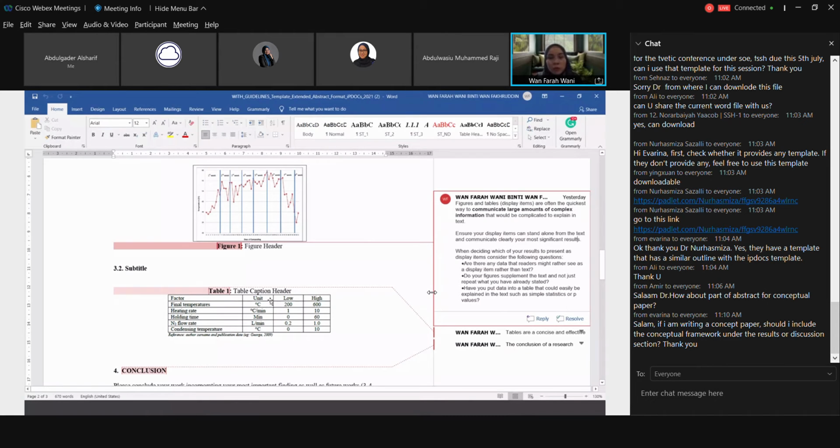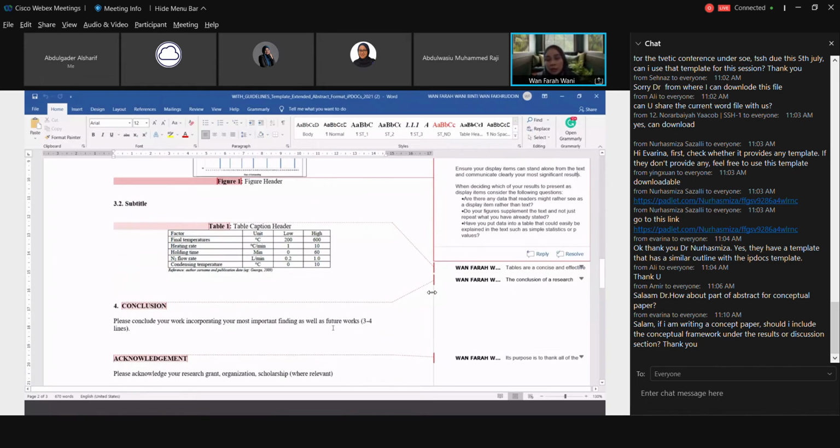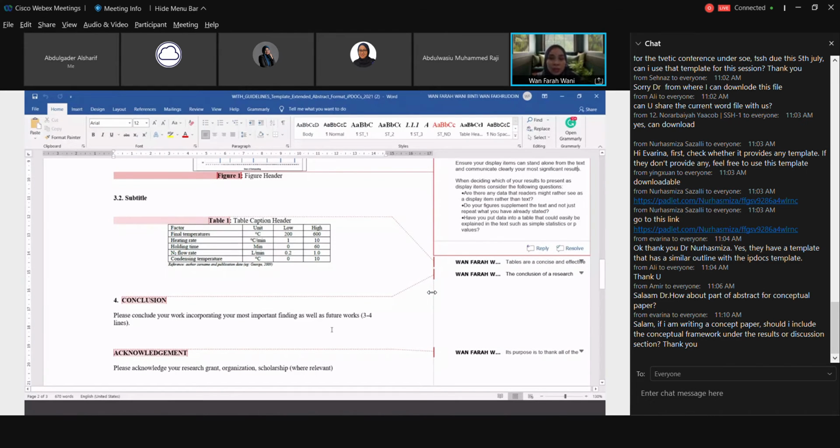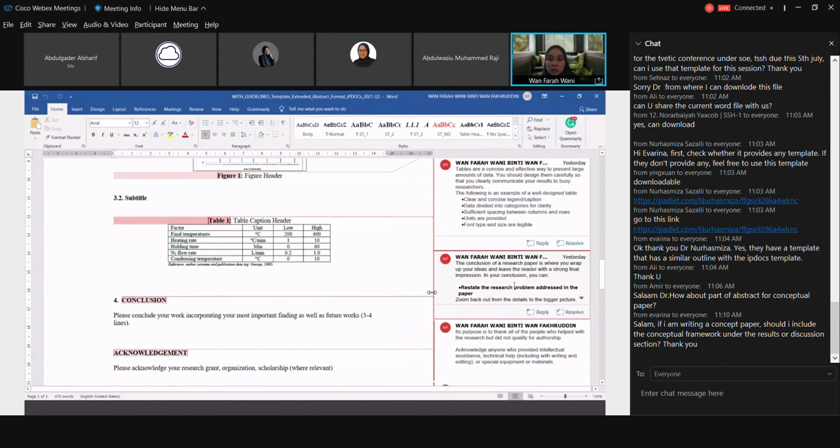So for example, here they talk about low and high temperature. So you know the parameters of your work, and so do your readers. Tables are a concise, effective way to present large amounts of data. Make sure to use a clear and concise caption.